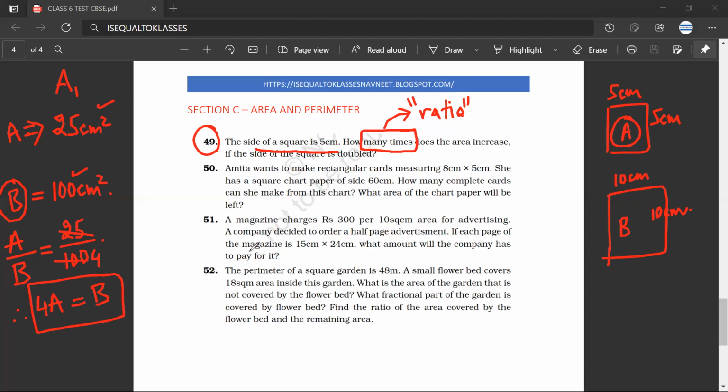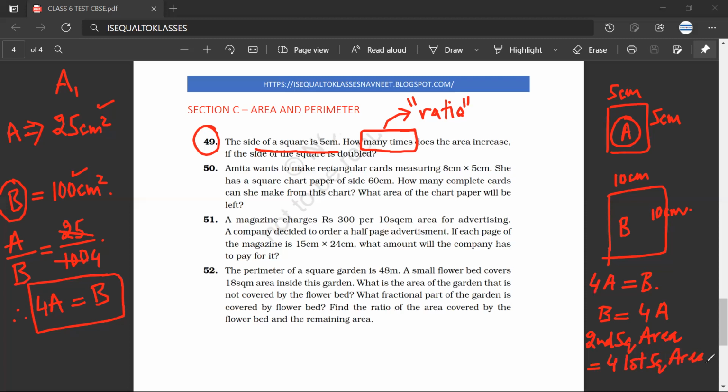No, sir. Now, let us try to understand what this means. 4A is equal to B. This means that B is equal to 4A. Now, what is B? B is the second square area. What is A? A is the first square area.